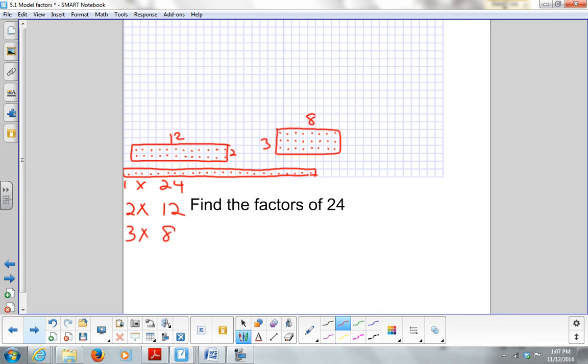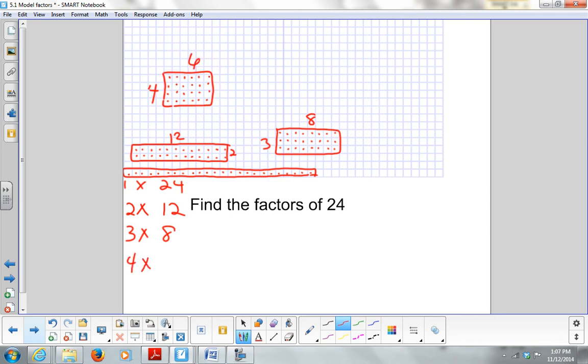Okay, let's see, what else can we do? We can do 4, right? Let's do 4. 1, 2, 3, 4, 5, 6, 7, 8, 9, 10, 11, 12, 13, 14, 15, 16, 17, 18, 19, 20, 21, 22, 23, 24. So this will be the model of 4 times 6.